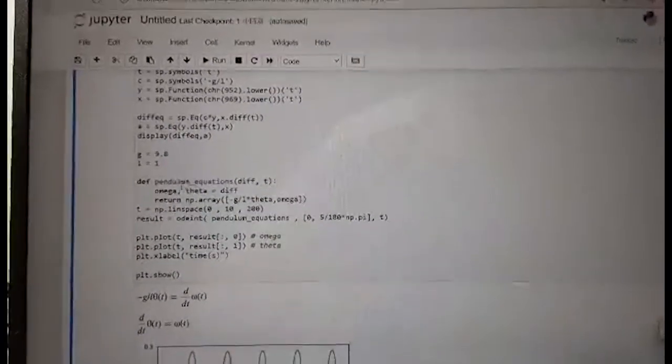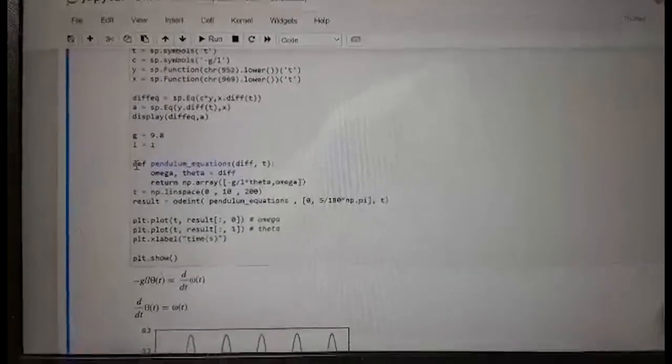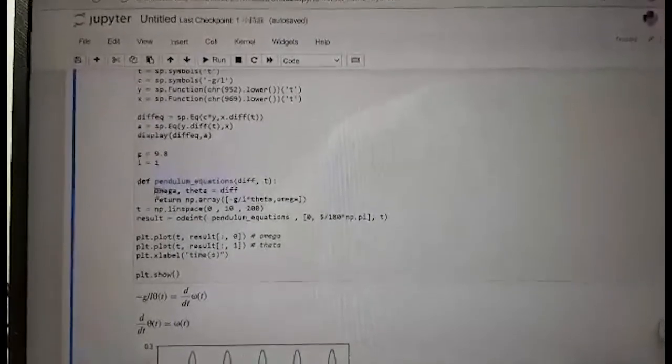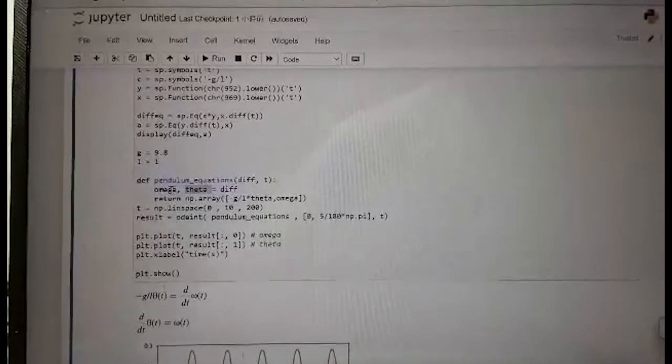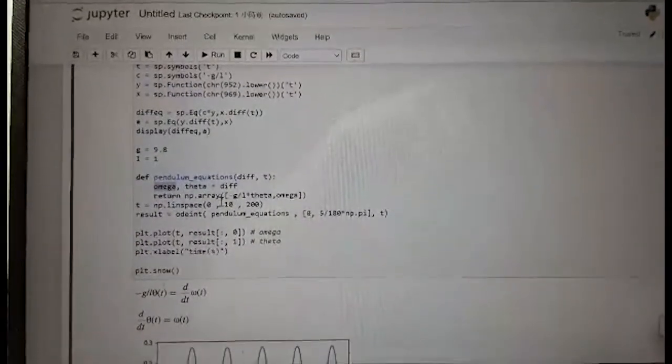And the next part of the code shows the angle and angular velocity of the pendulum.